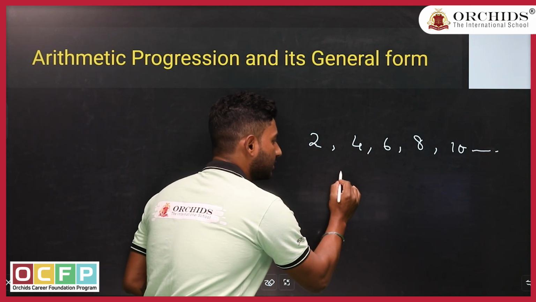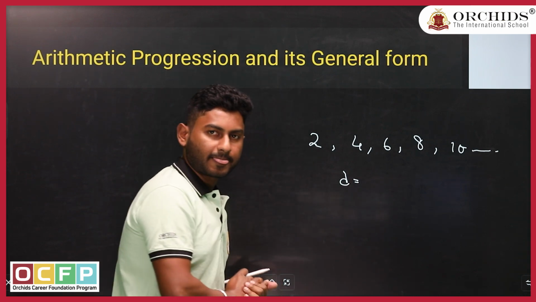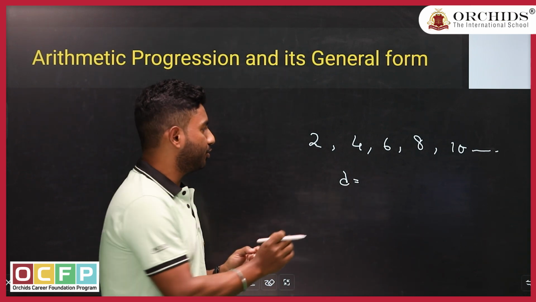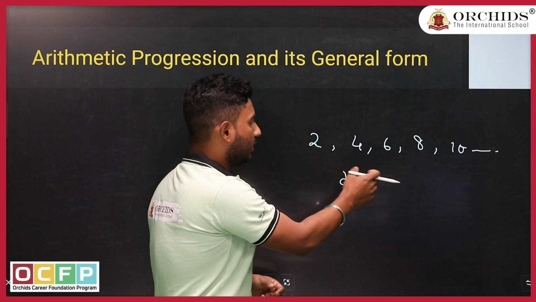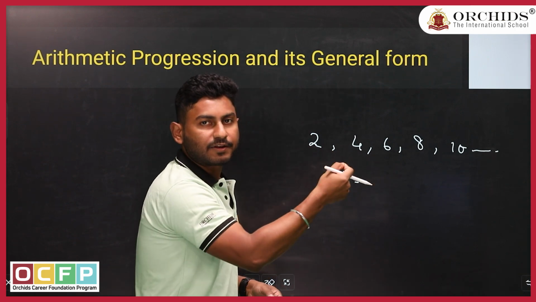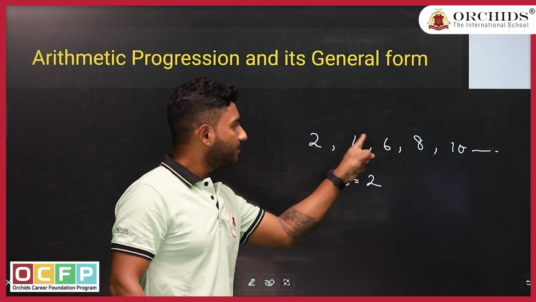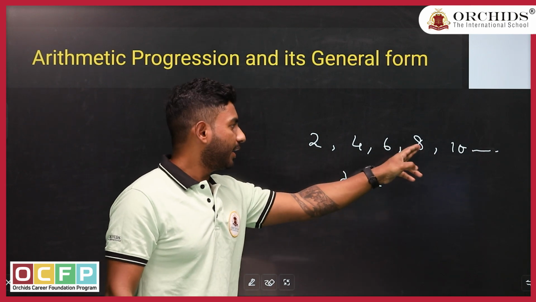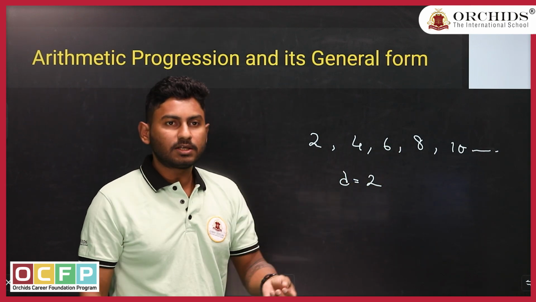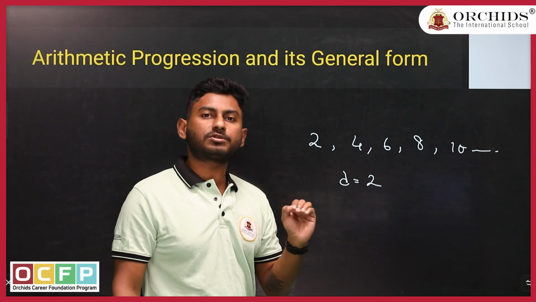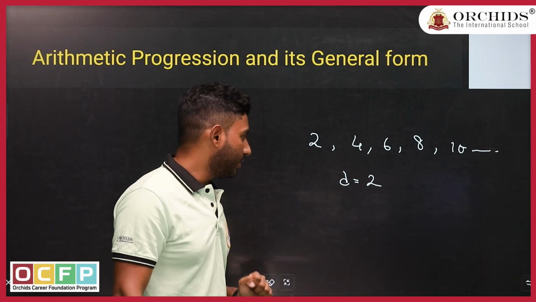The common difference I will denote by D. D is the common difference between successive numbers. If you see 2 and 4, the difference is 4 minus 2, that's 2. 6 minus 4, again 2. 8 minus 6, again 2.